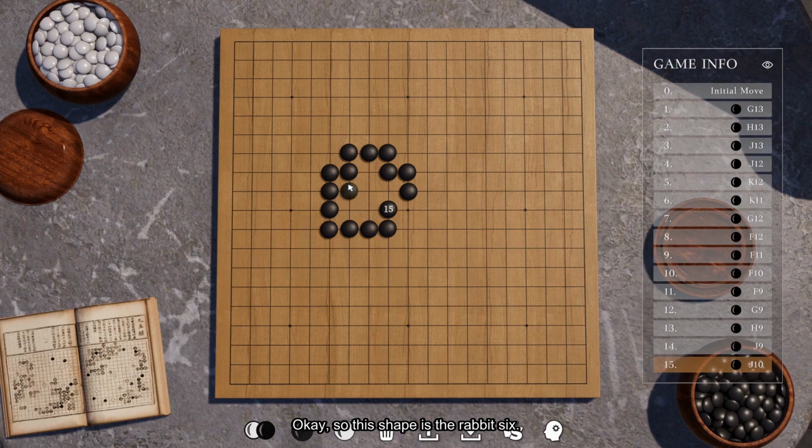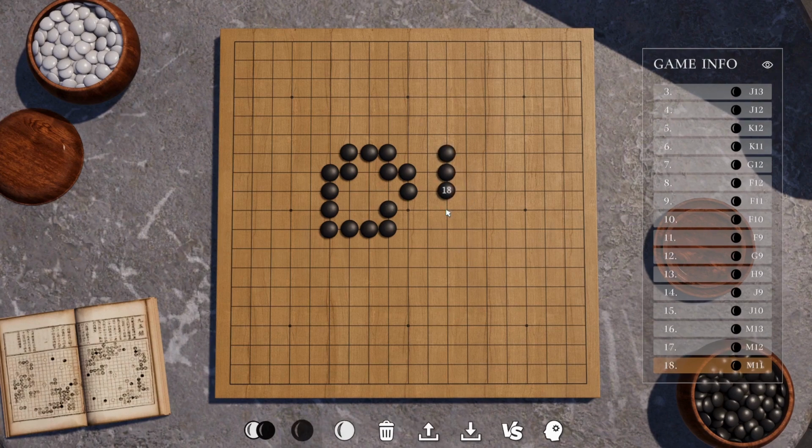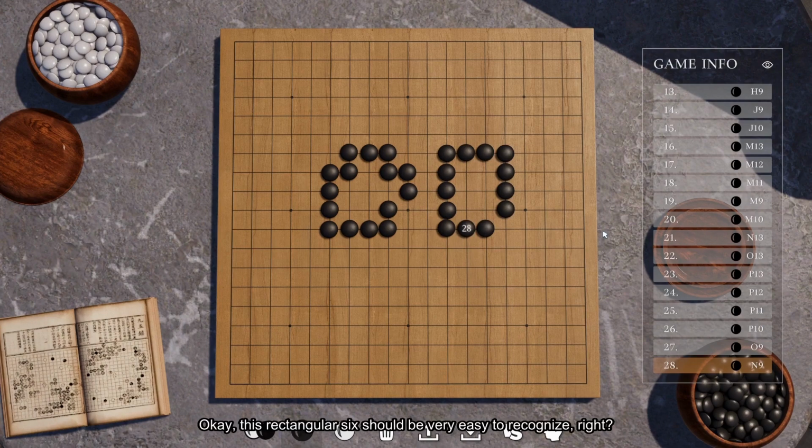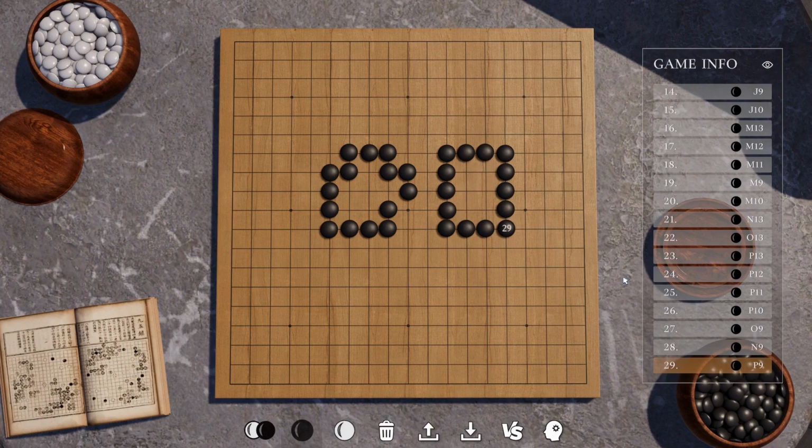Okay, so this shape is the rabbit 6. Now let's set up a rectangular 6. Okay, this rectangular 6 should be very easy to recognize, right? It is a perfectly rectangular 6-space shape.